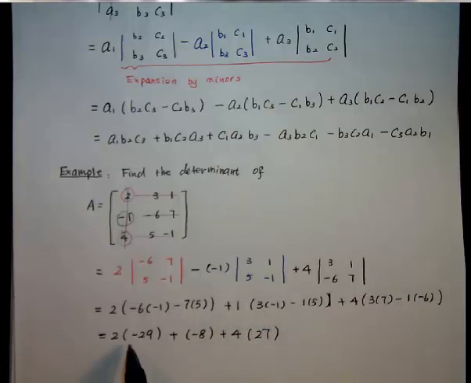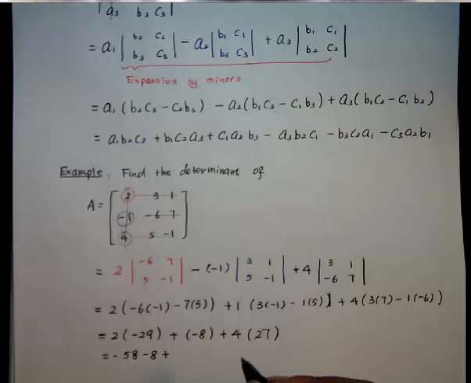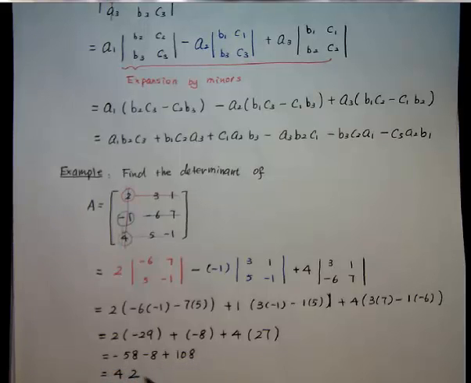And that will be negative 58 minus 8 plus 108. Right? So that's negative 66 plus 108, that would be positive 42 is the determinant.